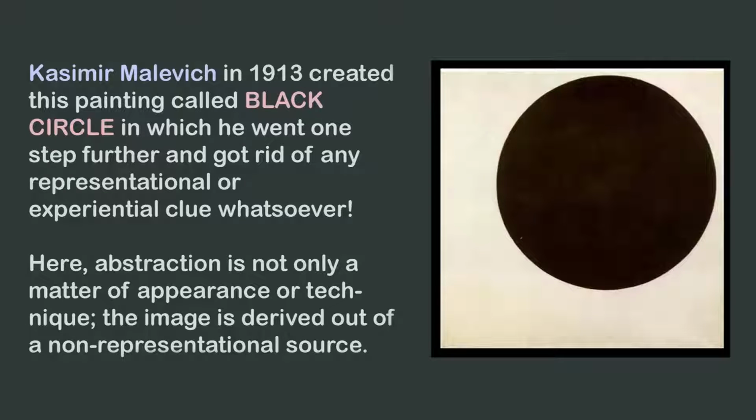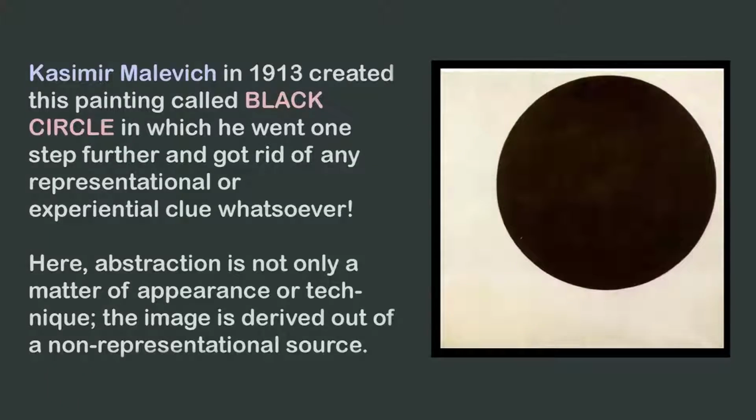And almost at the same time, Kazimierz Malevich in 1913 created this painting called The Black Circle, in which he went one step further and got rid of any faintest hint of the objective world. This is again, I would say, a kind of very hardcore abstract painting.